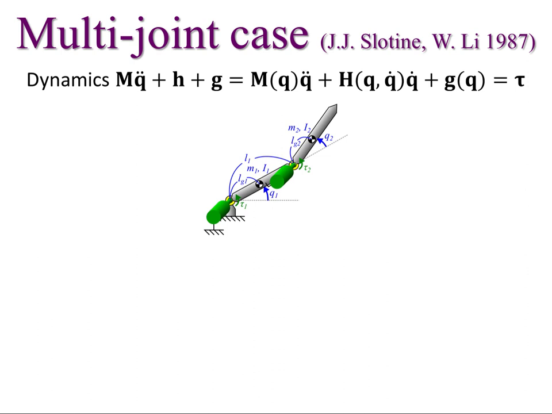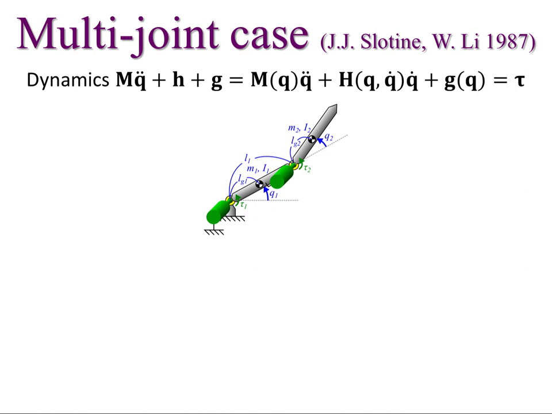So, let me first introduce one of the characteristics of robot dynamics. One of the characteristics is that the centrifugal Coriolis term can be expressed as the product of the matrix H and the joint angular velocity vector q dot. The matrix H depends on the joint angle vector q and the joint angular velocity vector q dot.